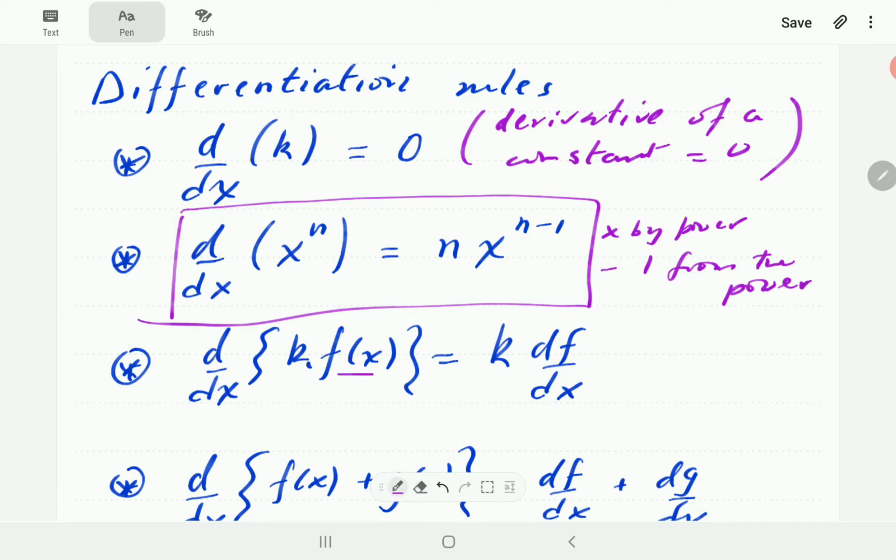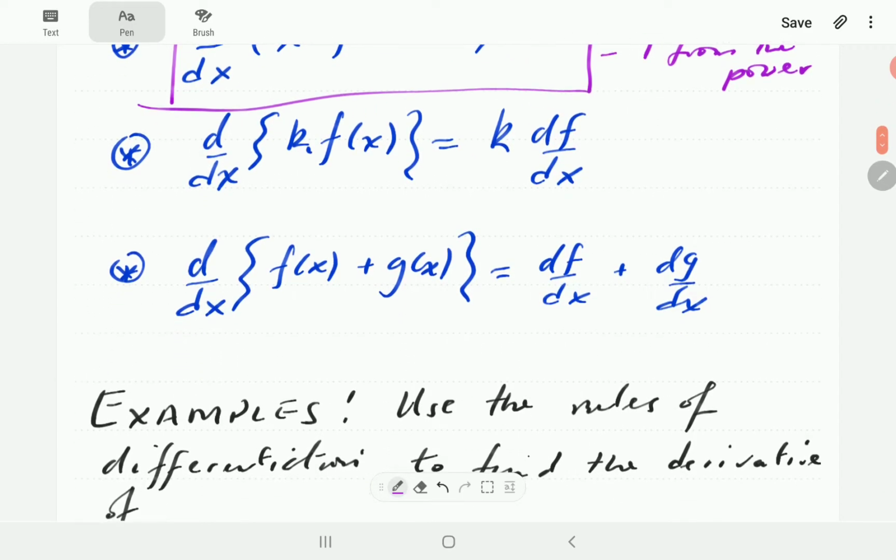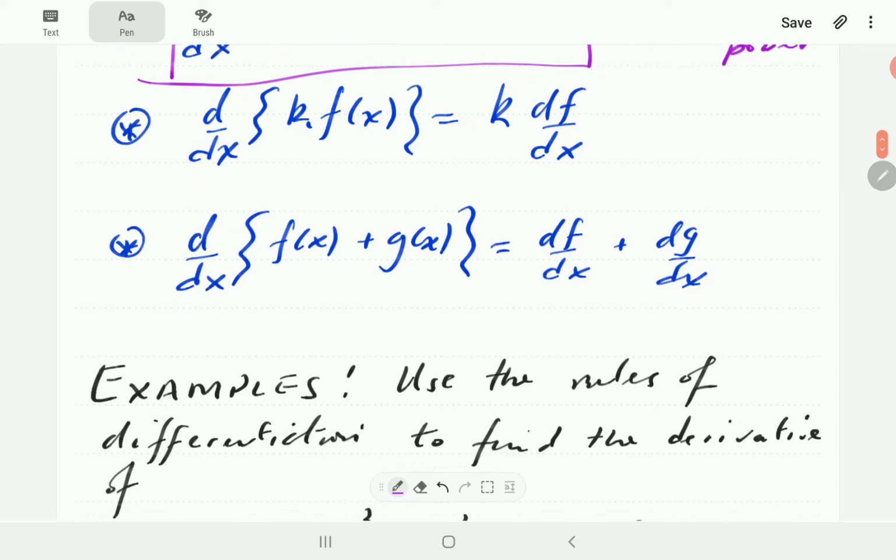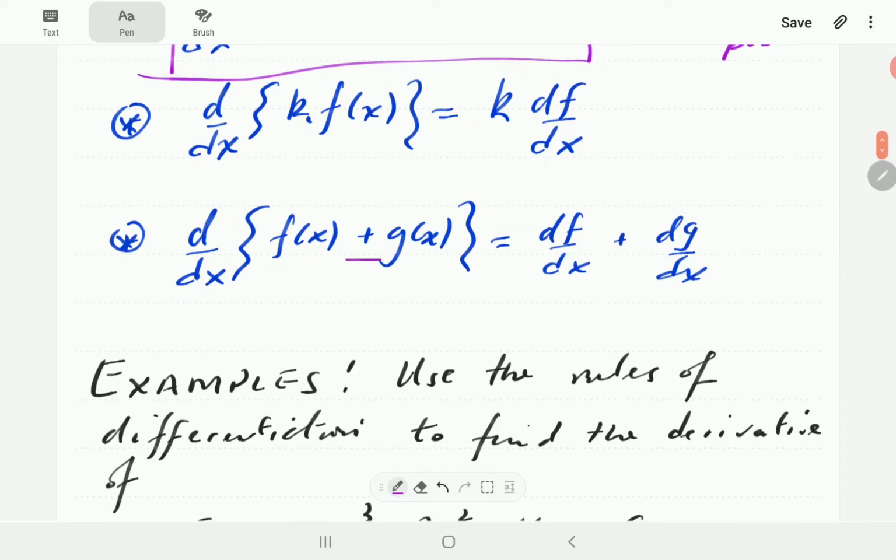The third one says the derivative of a constant times a function is the constant times the derivative of the function. So basically, this rule is saying when we've got a constant times a function, we can factor it out of the differentiation process. The last one says that the derivative of a sum is equal to the sum of the derivatives.